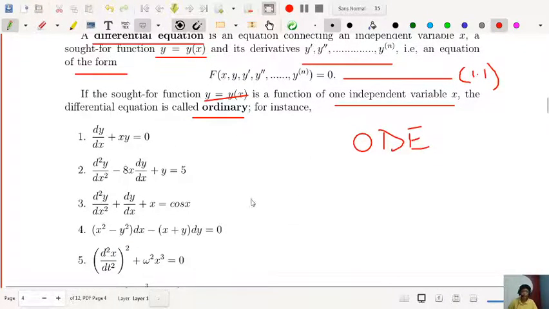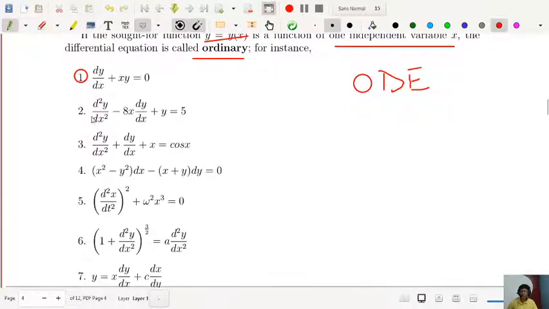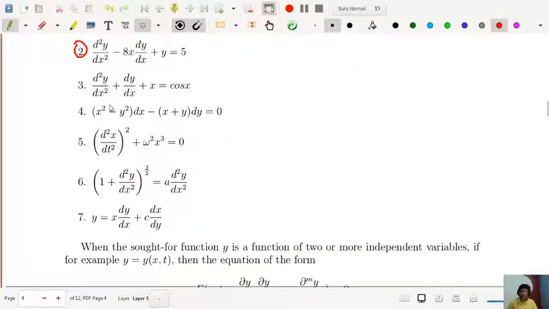Look at some examples of ordinary differential equations. dy/dx plus xy equal to 0. This is equation 1. And d2y/dx2 minus 8x dy/dx plus y equal to 5. 2. d2y/dx2 plus dy/dx plus x equals cos x. 3.